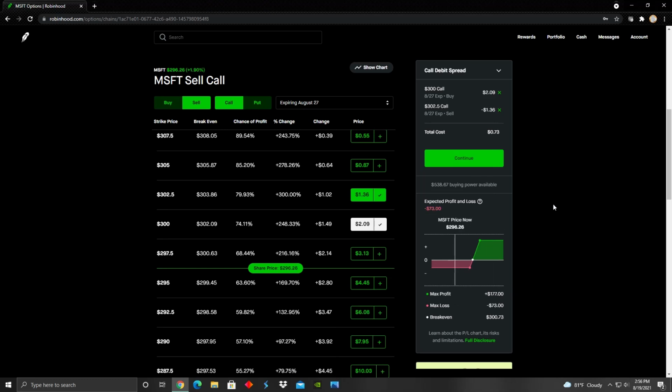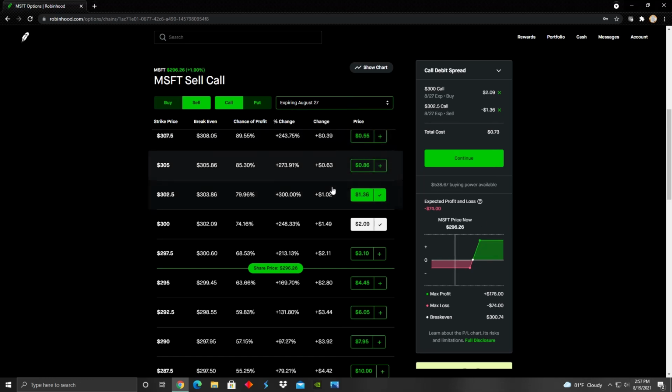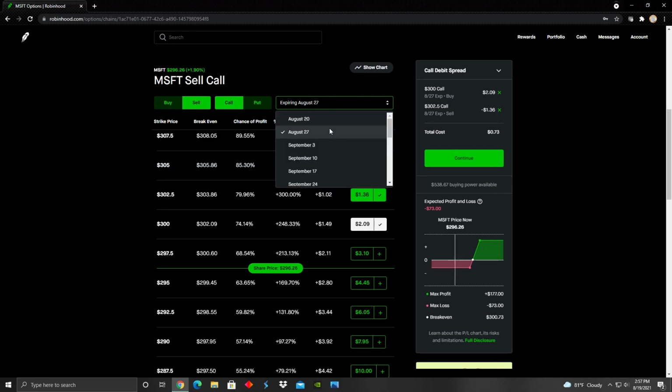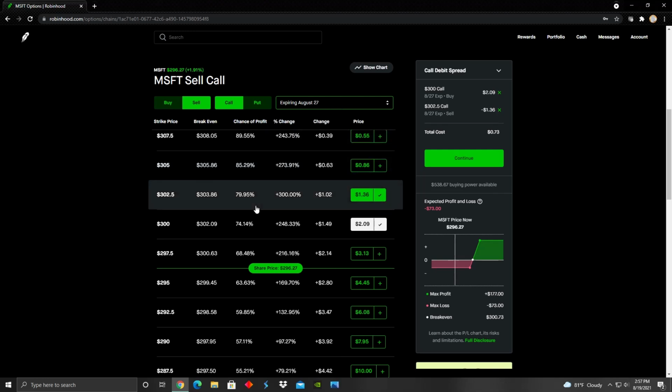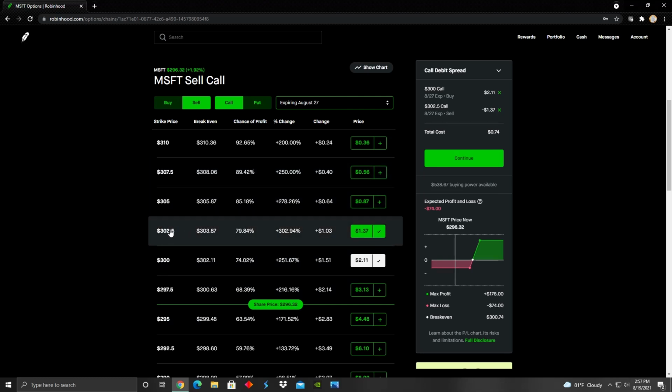And this is basically how I was able to get the 83% return on my $240 purchase of a call debit spread for Microsoft. I bought in at $240 for an expiration date that was farther out, and before the expiration date even came, Microsoft's share price had gone above my strike price for my call debit spread, so I closed the call debit spread right there.